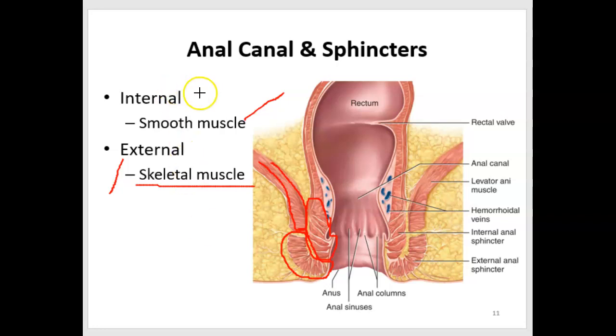So before we look at the control of those muscles, let's look at the condition hemorrhoids, which involves these hemorrhoidal veins located in the submucosa.